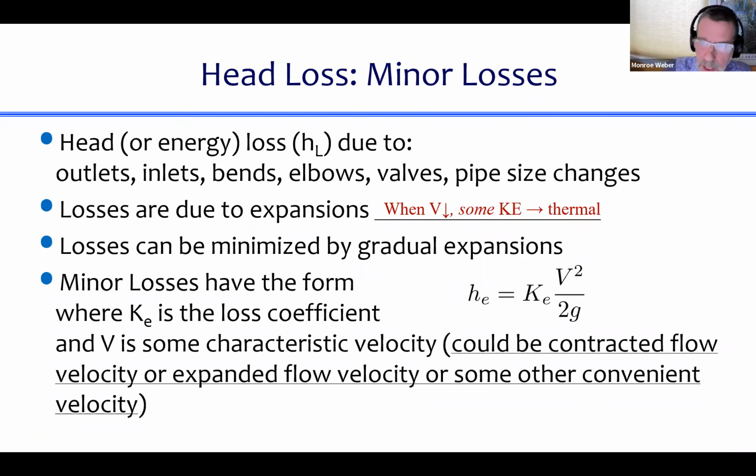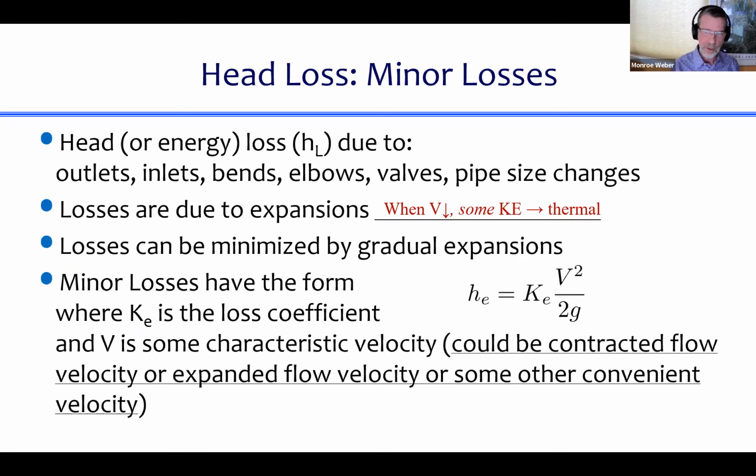Head loss due to minor losses is equal to some minor loss coefficient times v squared over 2g. And v, this is a little bit weird to think about, but v is some characteristic velocity. It could be the velocity where the flow is contracted.